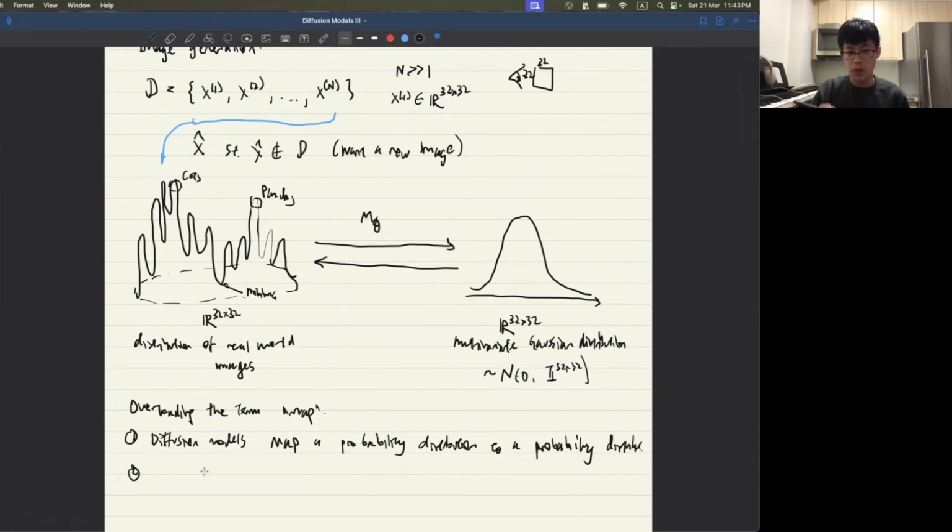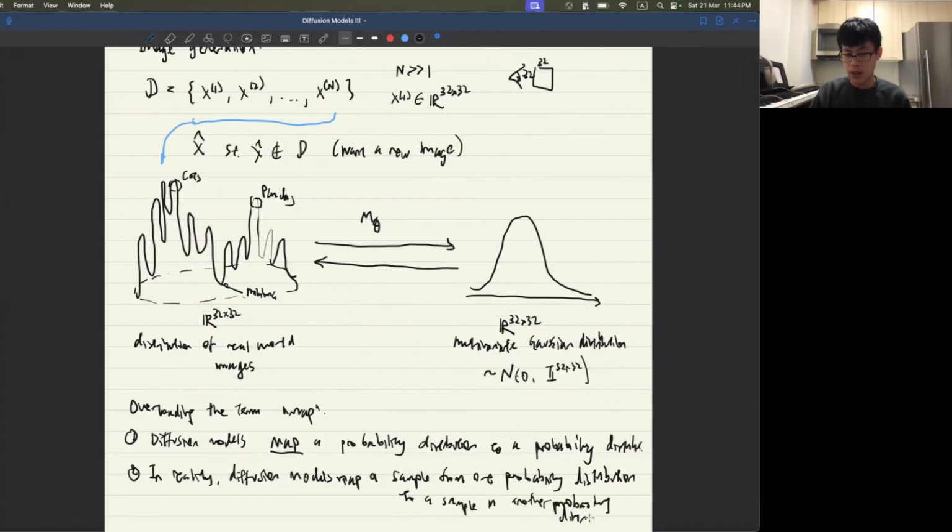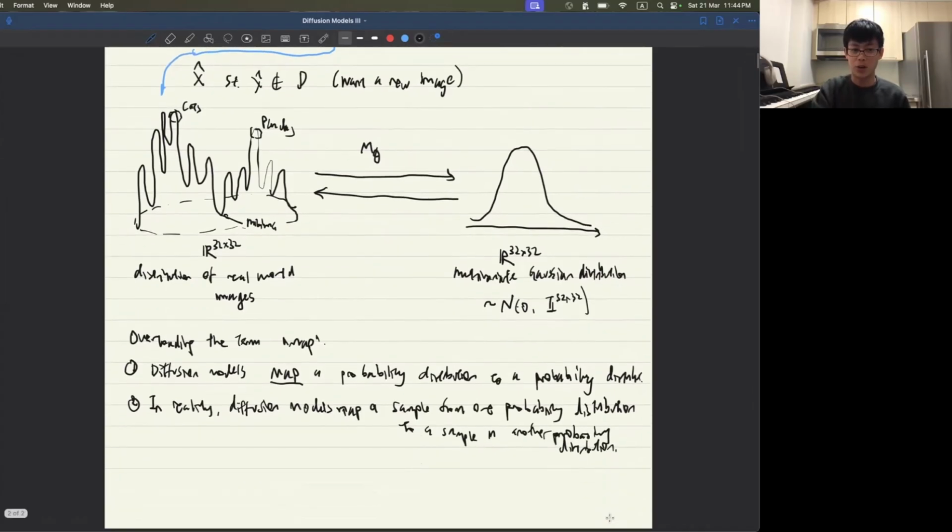But I'll overload this term map in the sense that in reality, diffusion models map a sample from one probability distribution to a sample in another probability distribution. And these two statements are not contradictory, right? That's why I'm using the word overload over here.